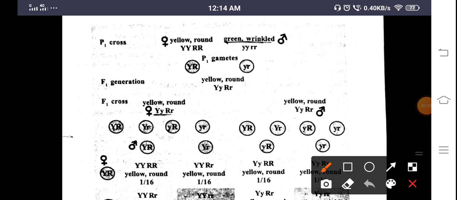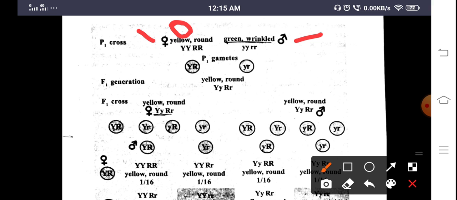This is the female plant, this is the male plant. The female plant has yellow colored round seeds. The color is yellow and the seed is round.